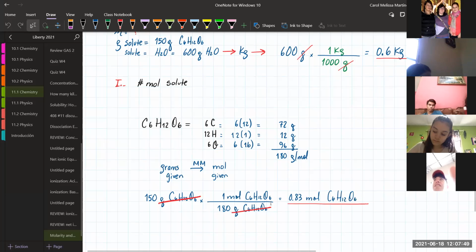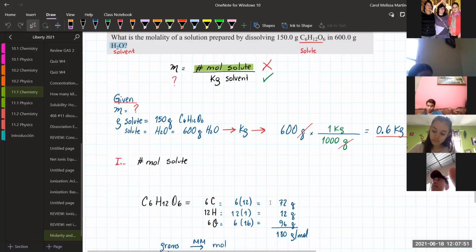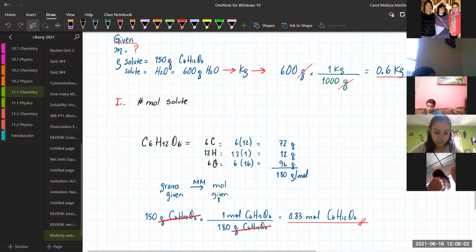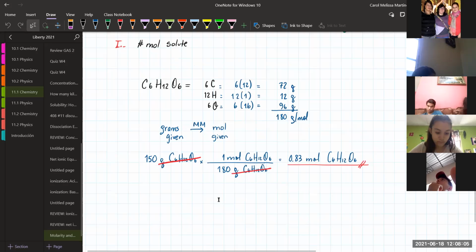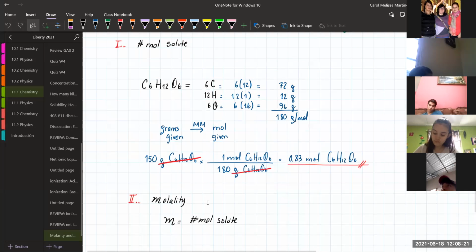Okay, now I know the number of moles. So I'm going back to my formula. I know the number of moles. So now I can easily get my molality. Okay, so that will be my second step. My molality is going to be equal to moles of solute divided by kilograms of solvent.